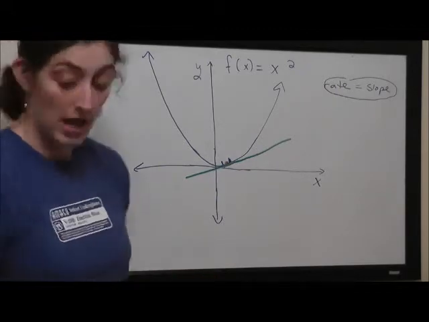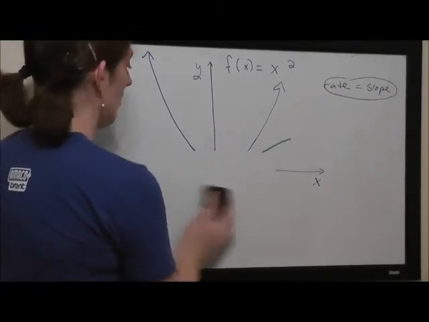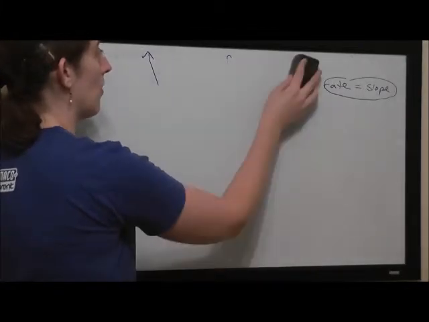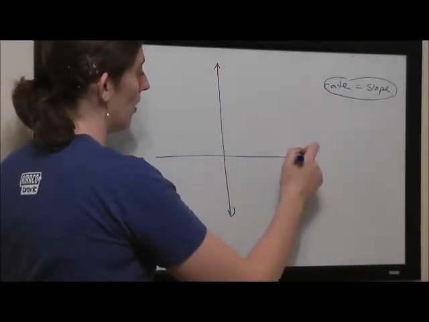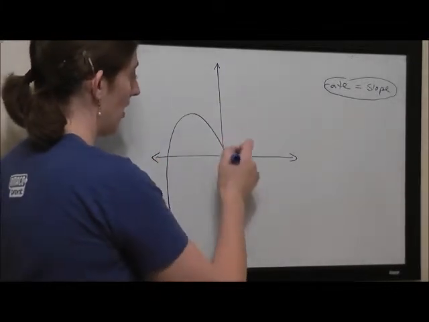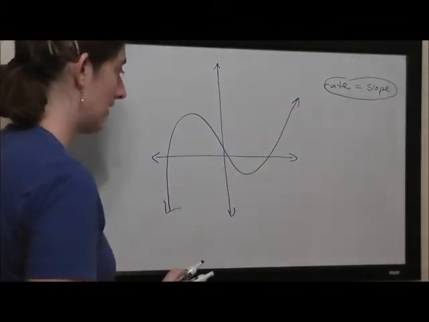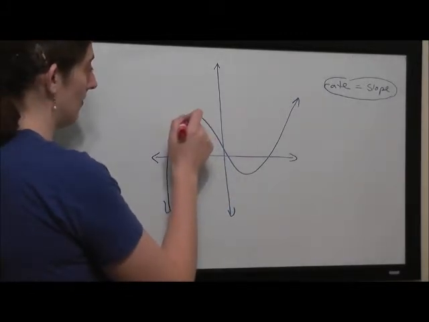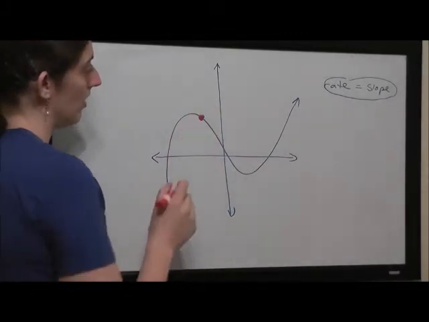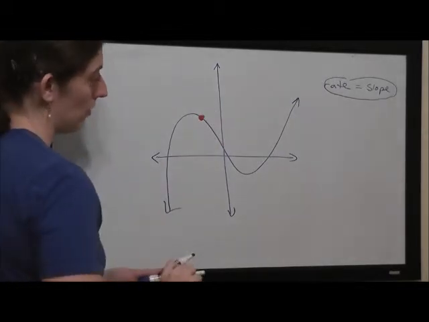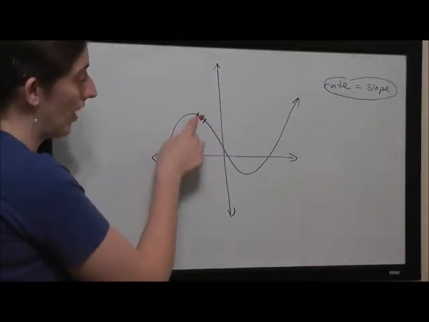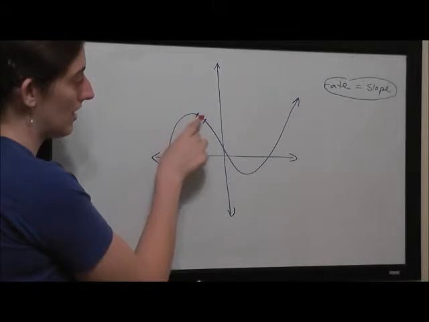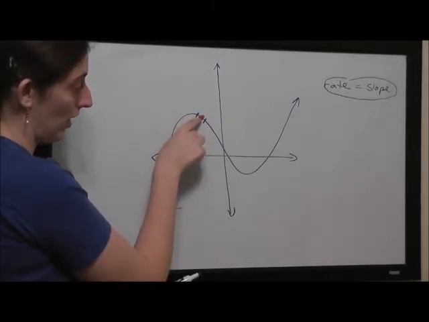So what I want to do is draw another graph, and we're going to try to do the same thing. We're going to try to estimate what the slope at that one single point is. All right, so here we have another curve, and let's say this is the point that we're interested in, right here. Okay, so I'm going to focus in really close on either side of it. And what we're going to do is try to draw a line with almost the exact same slope as the curve right in between there.